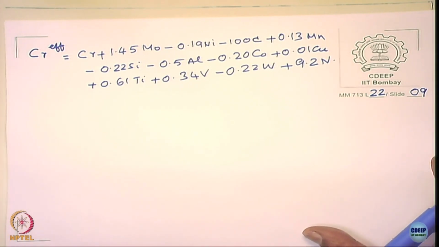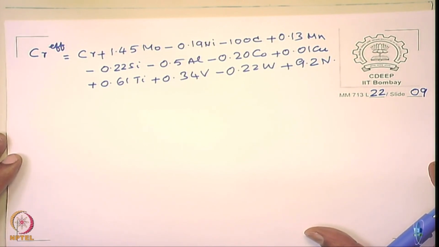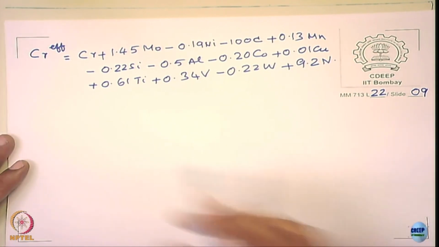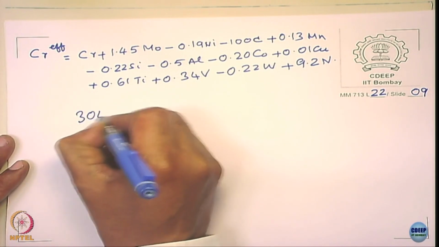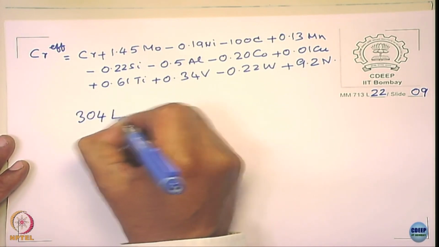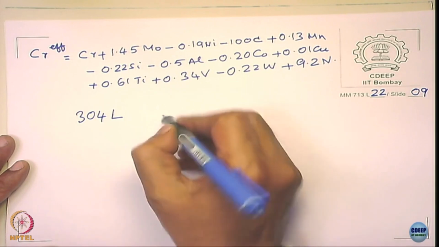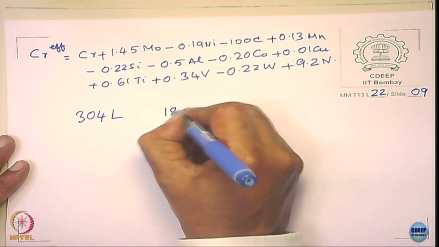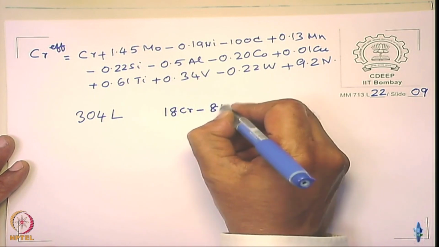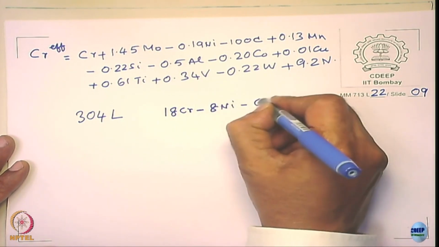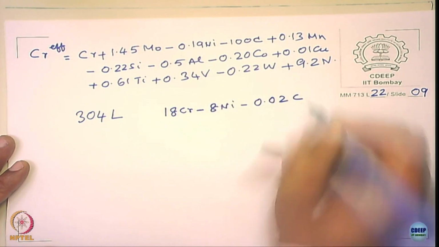Where does this problem come? It comes in practice also, especially in the nuclear industries. Assume that somebody has 304L or extra low carbon. Assume that you have 18 chromium, 8 nickel and 0.02 carbon.